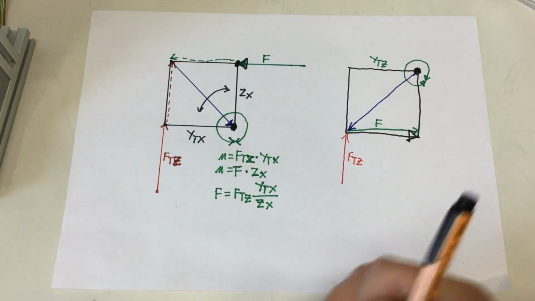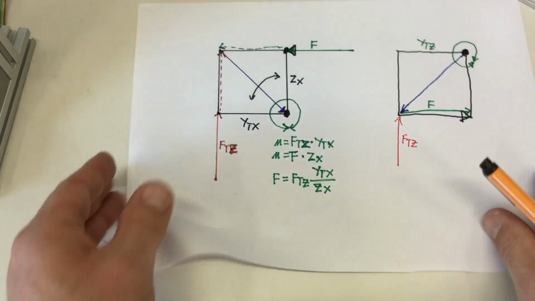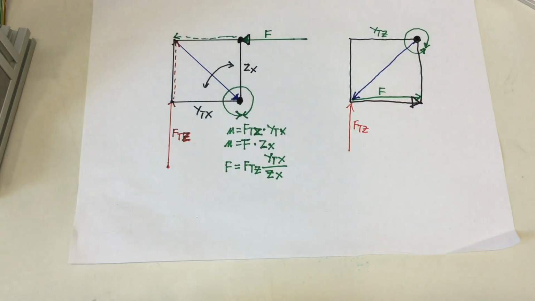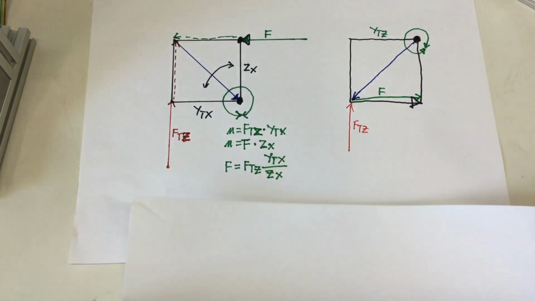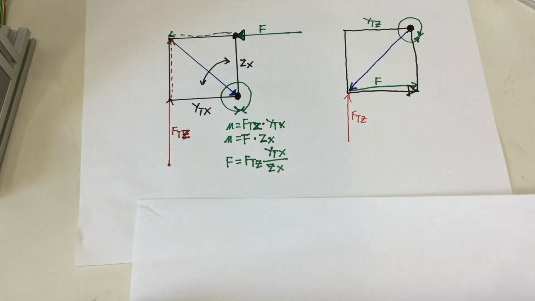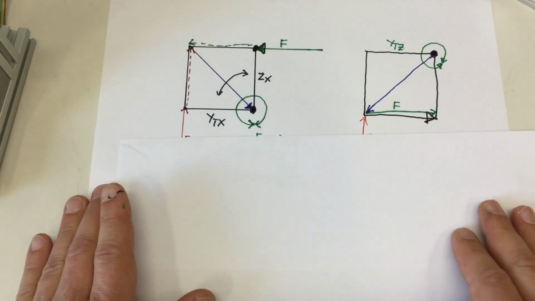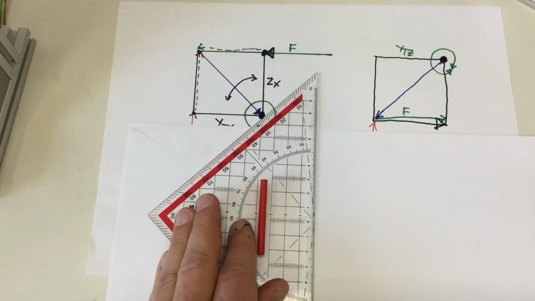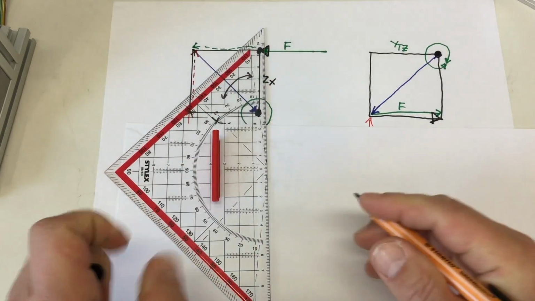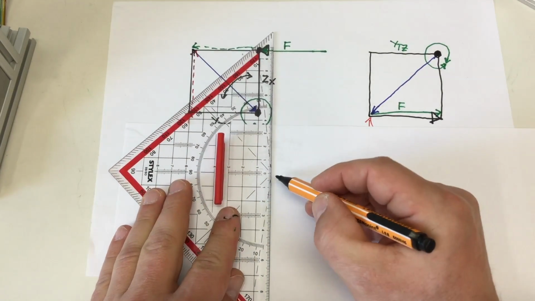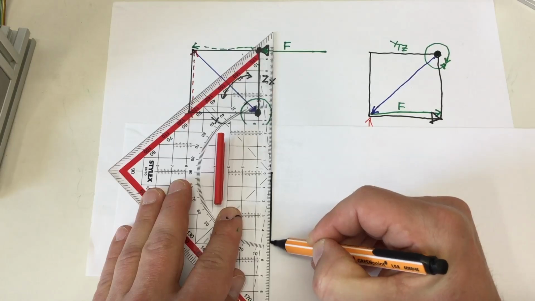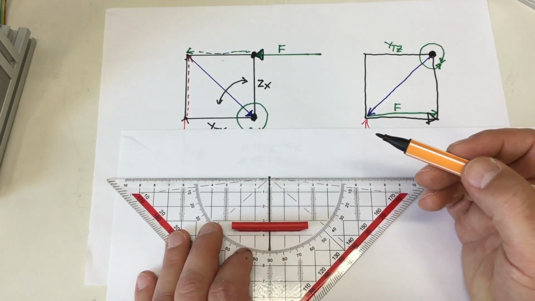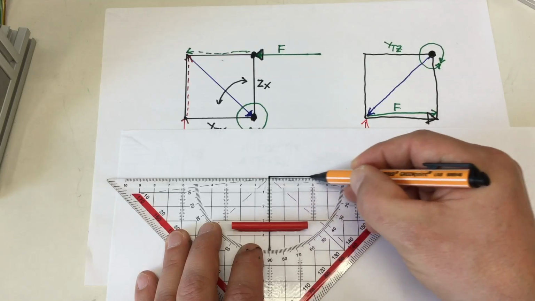Maybe I should do that on another sheet of paper. If we mix our two solutions, or basically take the average of our two solutions, I have again my square, which I make 5 centimeters on each side.